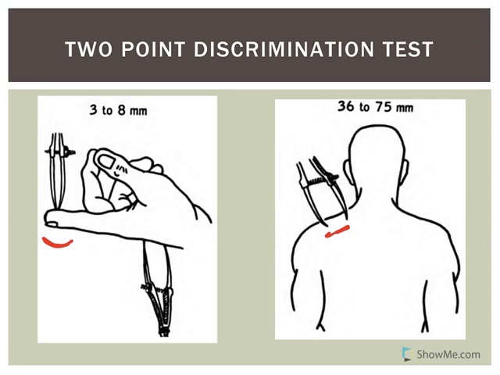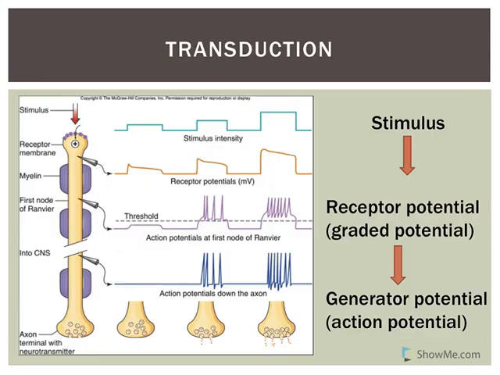So your fingertips have the ability to detect 2 points a lot better than, say, your sensory receptors in the back. So they have much smaller receptive fields in your fingertips versus the back.